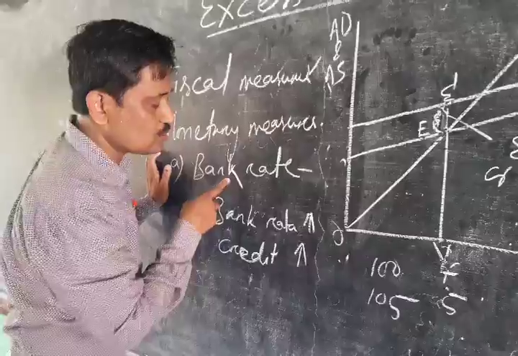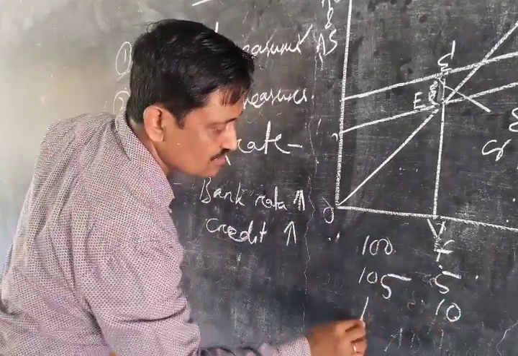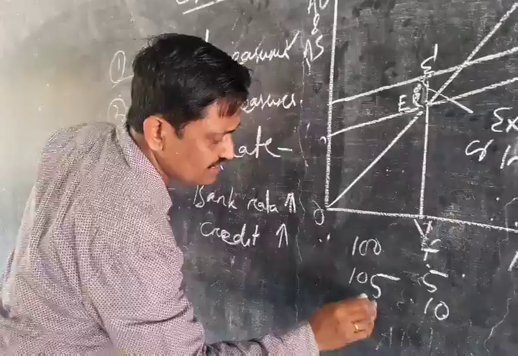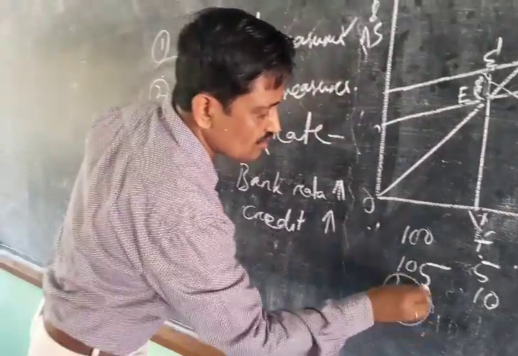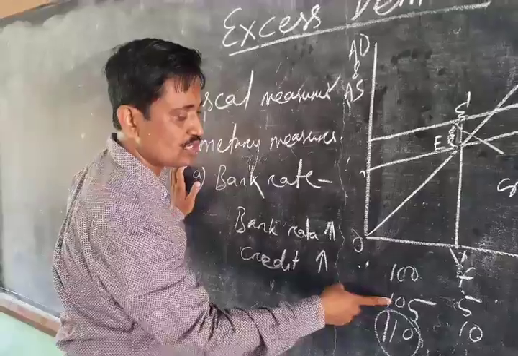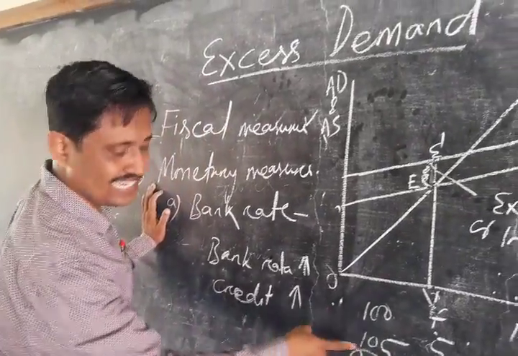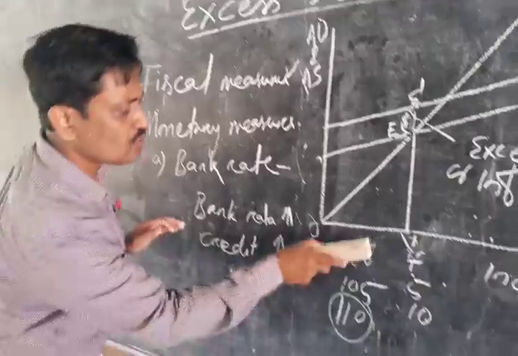The commercial bank has to pay 105. If the bank rate increases to 10, then it will be 110. So here the credit becomes costlier. Earlier the bank had to give 105, now it has to give 110.